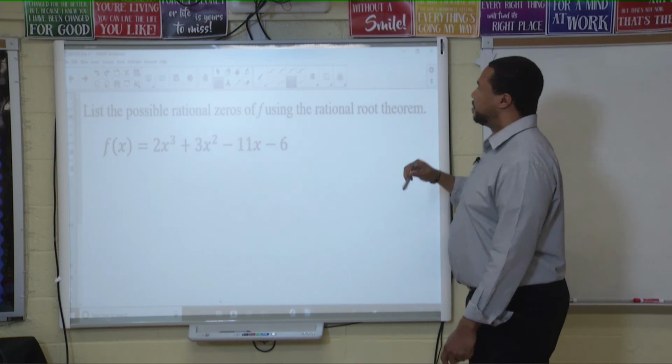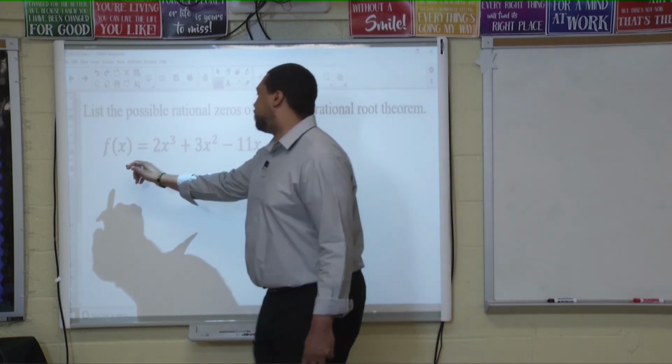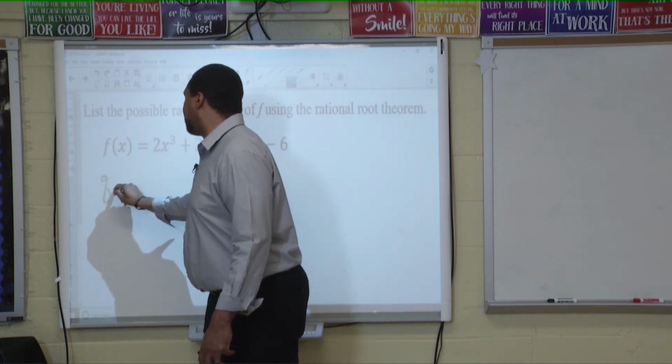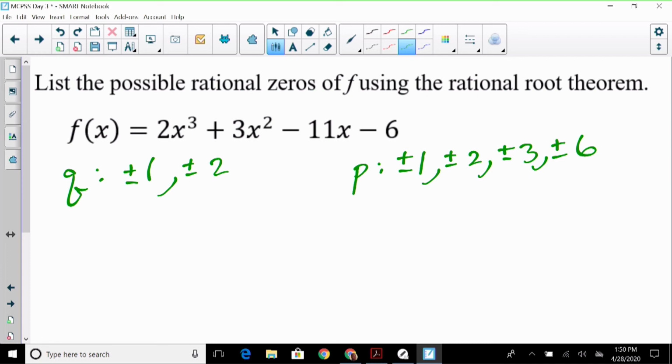So back to this one. The rational roots, the rational zeros, my factors of q, which is my leading term, plus or minus 1, plus or minus 2. My factors of p, which is my last term, or my constant term, plus or minus 1, plus or minus 2, plus or minus 3, plus or minus 6. The reason again is plus or minus, meaning it could be positive or negative.